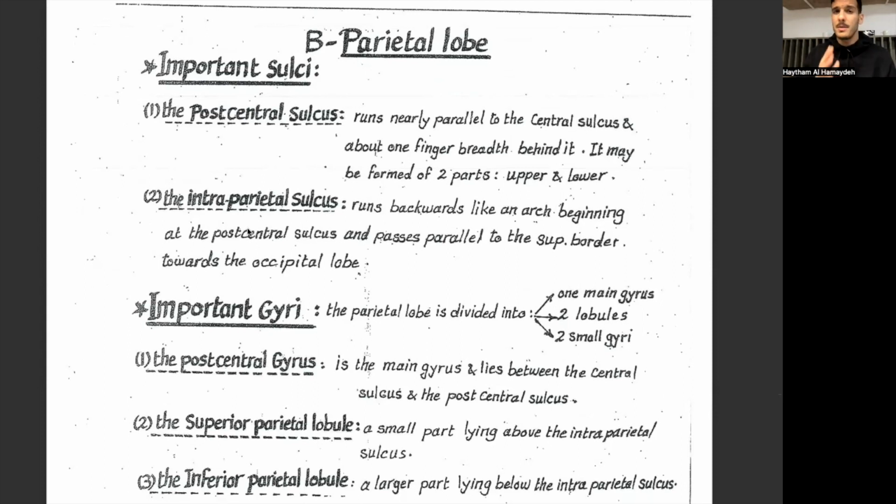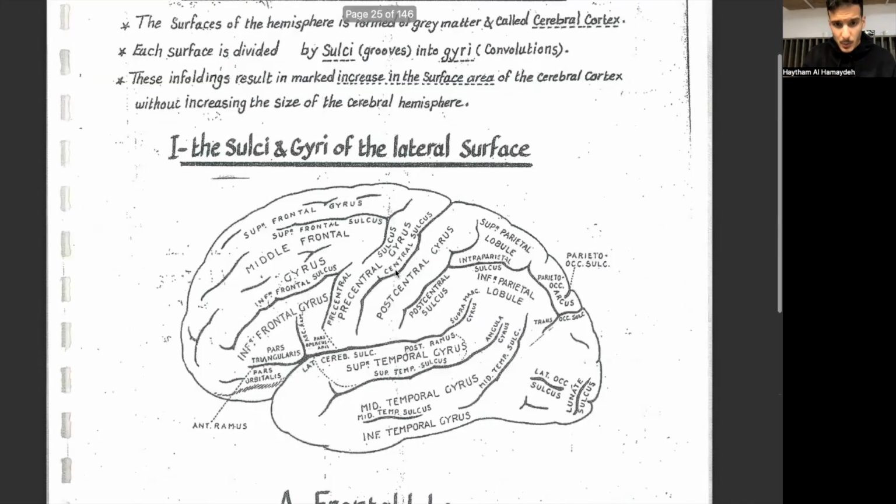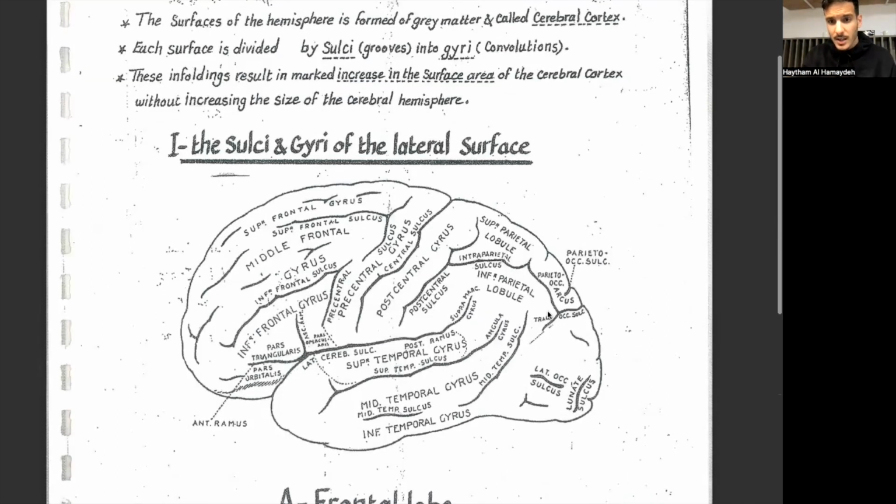And the first thing that meets us in the parietal lobe, posterior to the central sulcus, is the post-central gyrus. So we have the central sulcus, and then the first thing that meets us in the parietal lobe is the post-central gyrus.